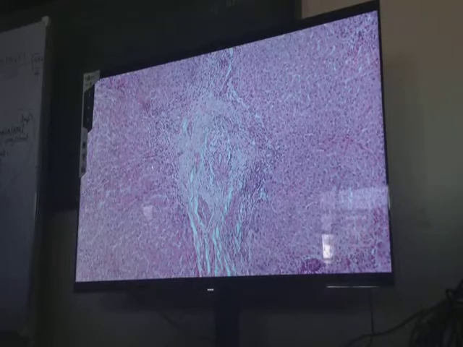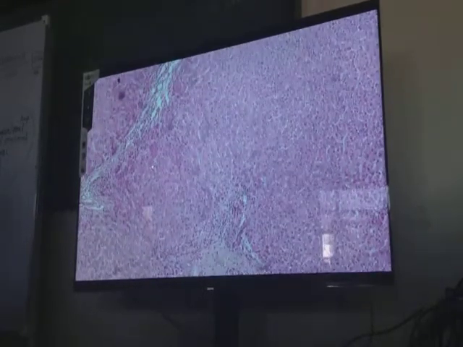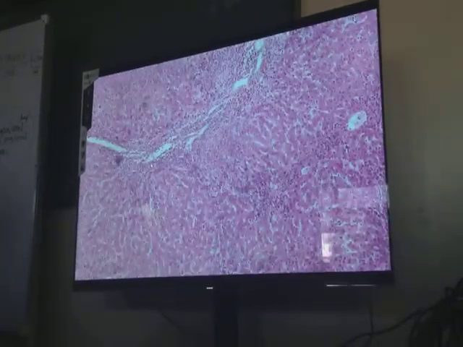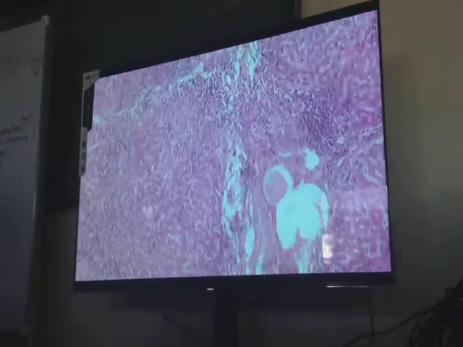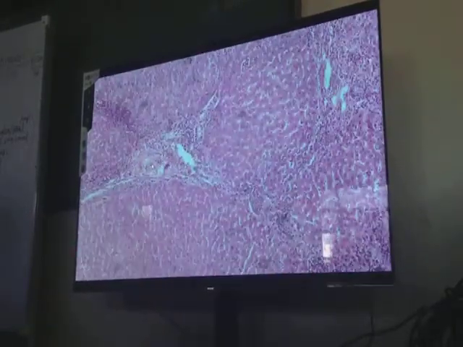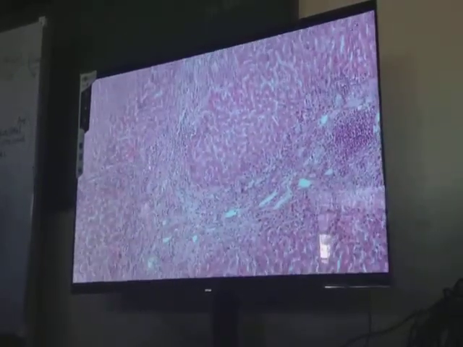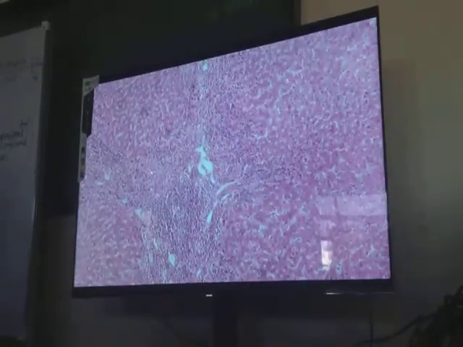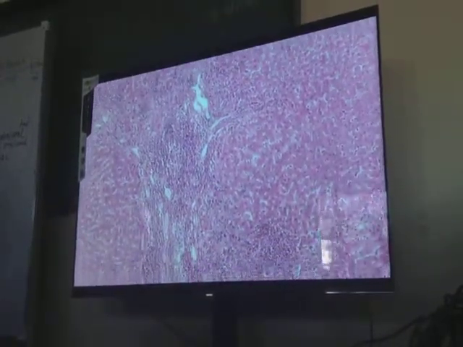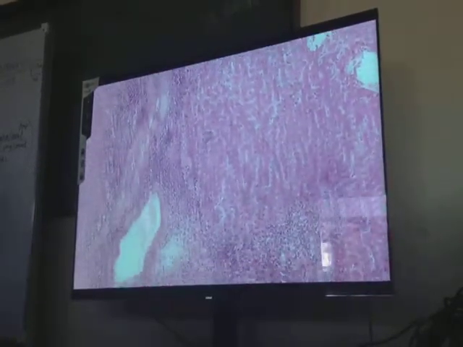So there is an accompanying inflammation also of the rest of the portal area. Eventually, if this condition is left untreated, it will also develop cirrhosis.